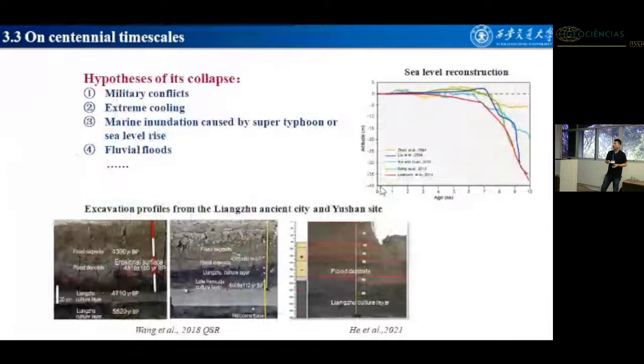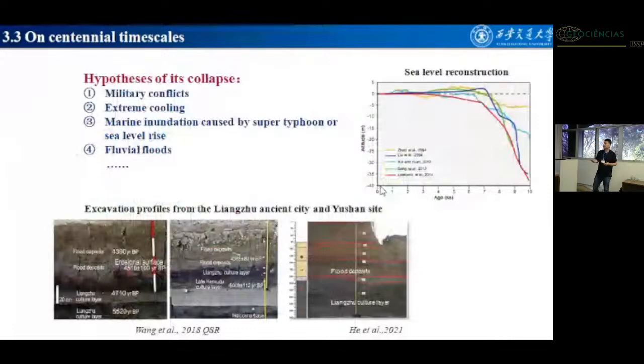Why did it collapse? There are many hypotheses about wars, extreme cooling, and also sea level rise and flood. But it is still in debate, though most archaeologists support the flood hypothesis.